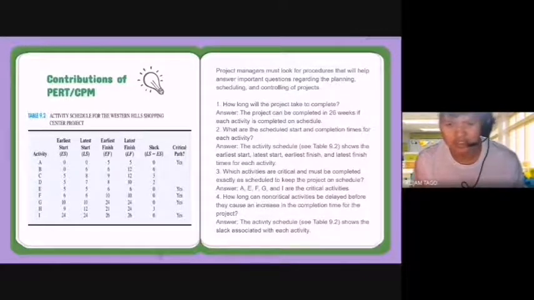Number 3 is, which activities are critical and must be completed exactly as scheduled to keep the project on schedule? The answer is that activities A, E, F, G, and I are the critical activities. And the last one is, how long can non-critical activities be delayed before they cause an increase in the completion time for the project? The answer is that Table 9.2 also shows the slack associated with each activity.